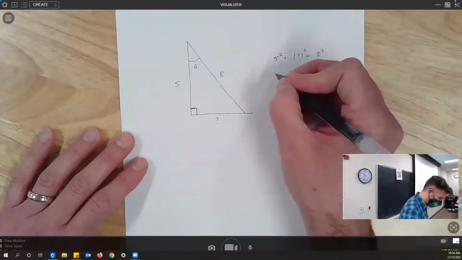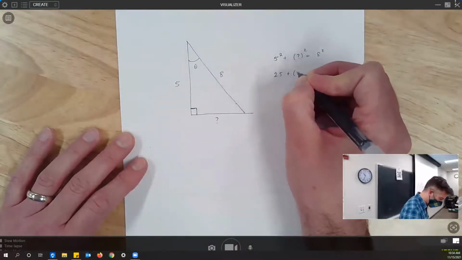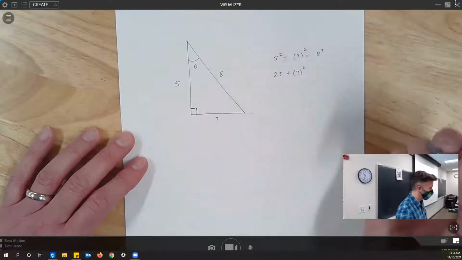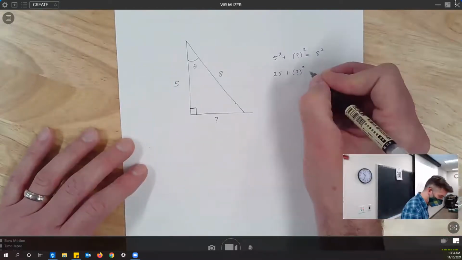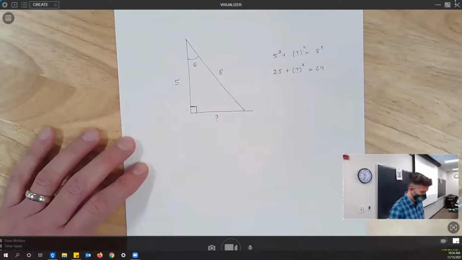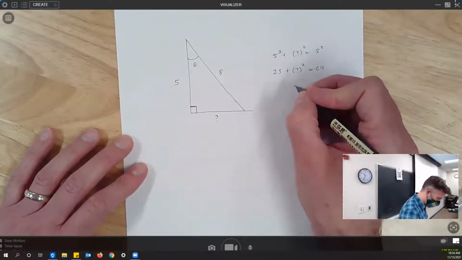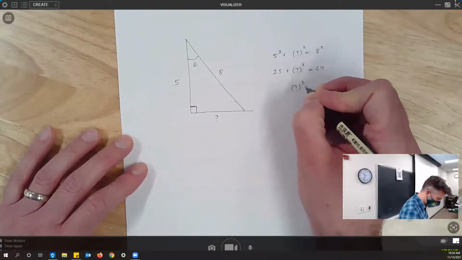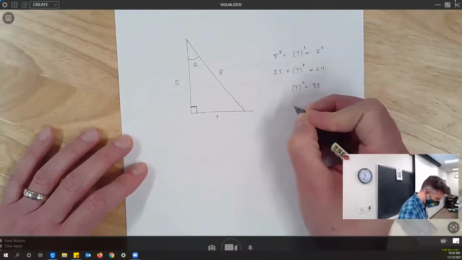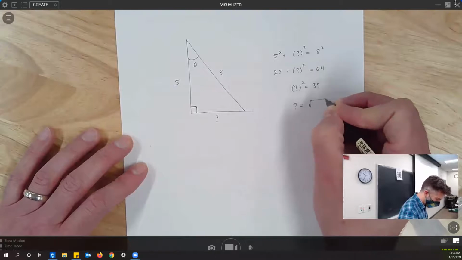So I've got 25 plus x squared, you could use x if you don't want to use a question mark, equals 64. And 64 minus 25 is going to be 39. So x squared is 39, and the unknown side has a length of the square root of 39.